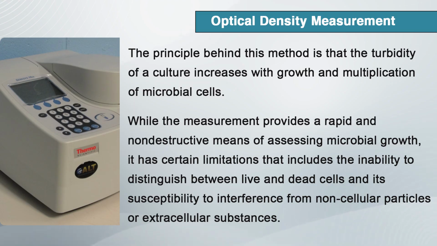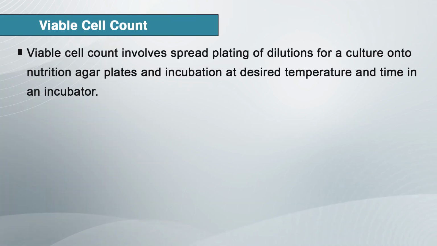It has certain limitations that include the inability to distinguish between live and dead cells and its susceptibility to interference from non-cellular particles or extracellular substances. The second method to determine microbial growth is viable cell count method.